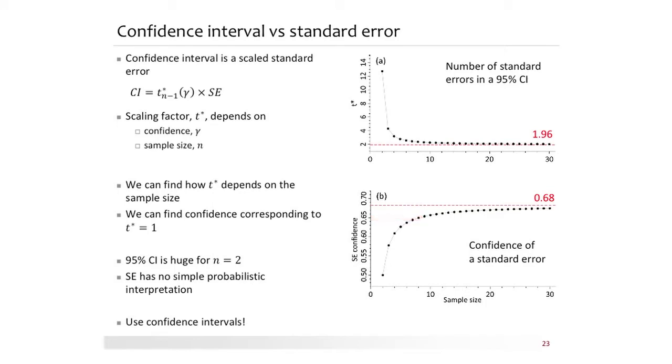So from a probabilistic point of view, you will be comparing different things, which are not really compatible with each other. So that's why standard errors are not the best way of representing error of the mean. The best way is confidence intervals, because regardless of the sample size, they will have the same probabilistic meaning. So I encourage you to use confidence intervals wherever it's possible.